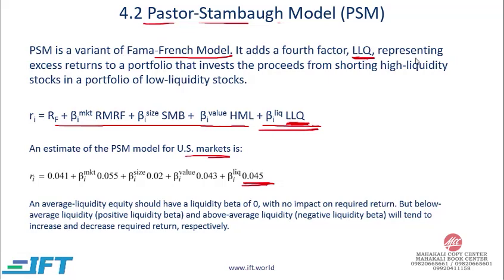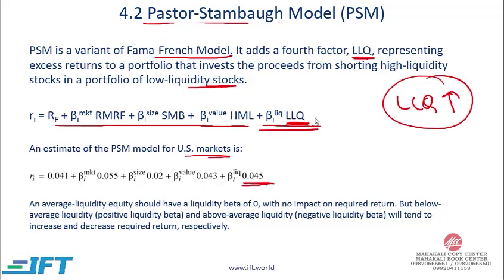LLQ represents excess returns to a portfolio that invests the proceeds from shorting high liquidity stocks in a portfolio of low liquidity stocks. What this is saying is, all else equal, low liquidity stocks are going to give a higher return. Investors will demand a higher return when they invest in low liquidity stocks.